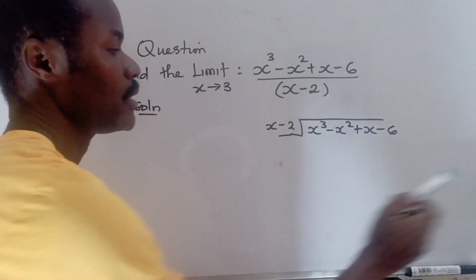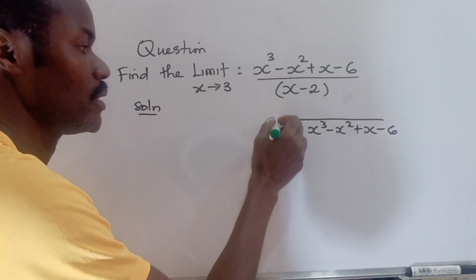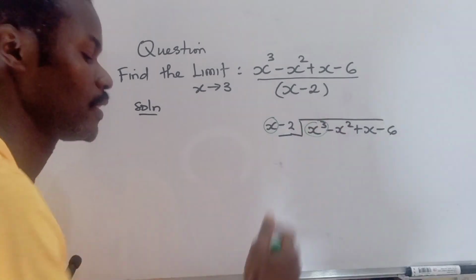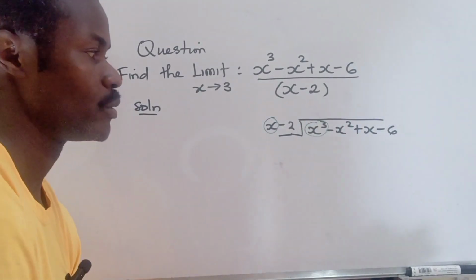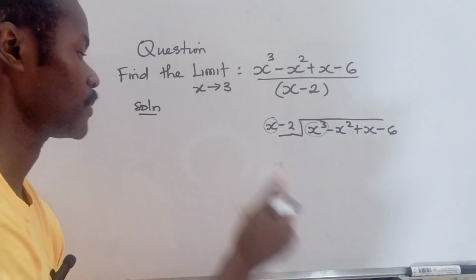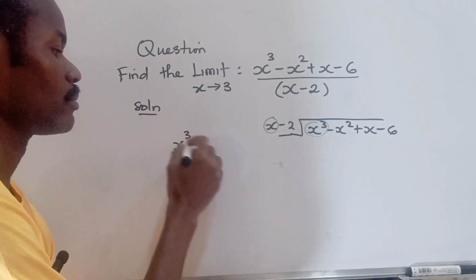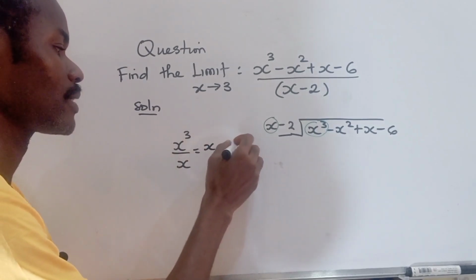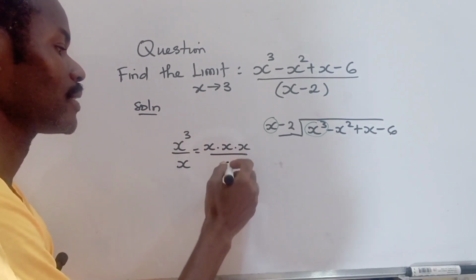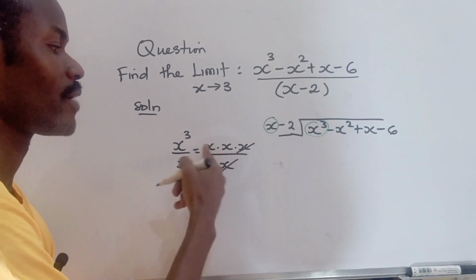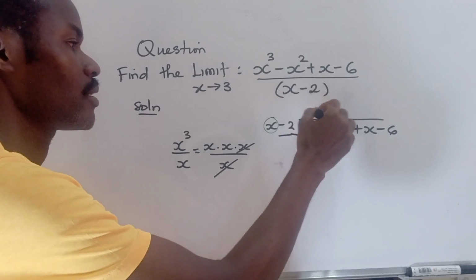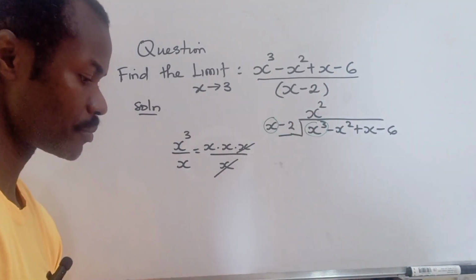Our first step is we want to use this to divide this. That will determine what we are going to put up here. So I have x to the power of 3 divided by x. Remember, this is x times x times x. So dividing by x, this will cancel this, so we have x times x, which is x squared.